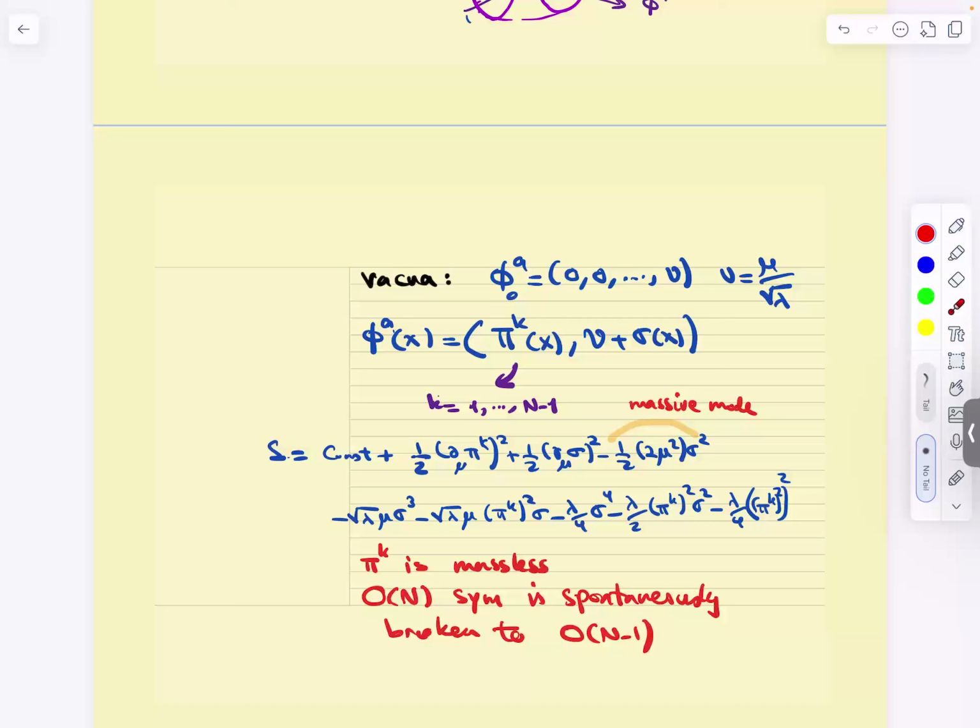You write down an action for the scalar field. You write down a kinetic term for this guy, a kinetic term for that guy, a mass for both of them. You write down the cubic term, quartic term for each of them. You might get something nonsensical. However, for these magical values, the theory was going to be nice. And the origin of this is that it's coming from a symmetry at higher energy scales.